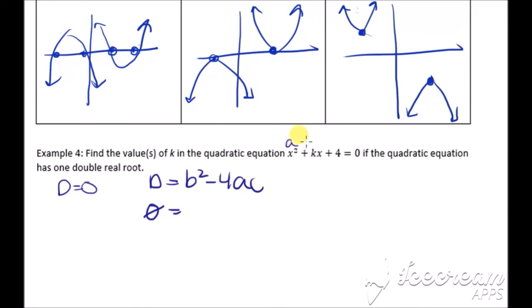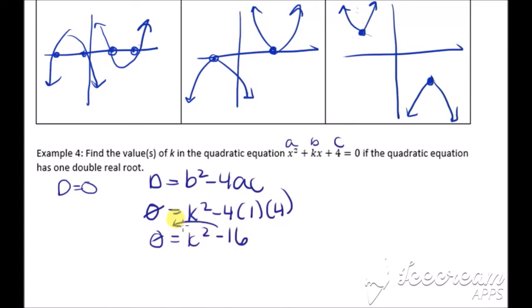And let's go ahead and sub in a, b, and c. So k squared minus 4ac. Okay, 0 equals k squared minus 16. Let's bring that over. K squared equals 16, and we're going to root it. K equals plus minus 4.